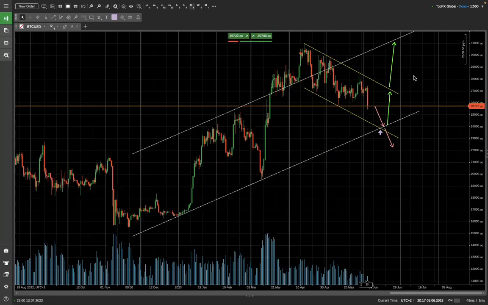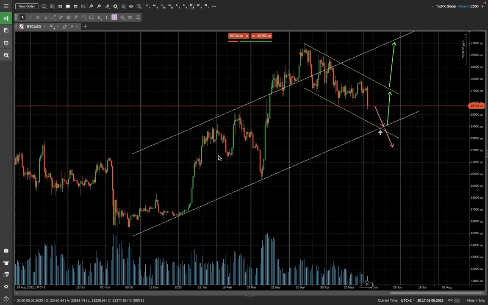So let's now talk about the situation when there is a horizontal channel. Okay, so we have ascending, descending, and horizontal channels. The horizontal channel is drawn when the price is not trending up or down, but only fluctuates within specific highs and lows that can be captured by the channel.